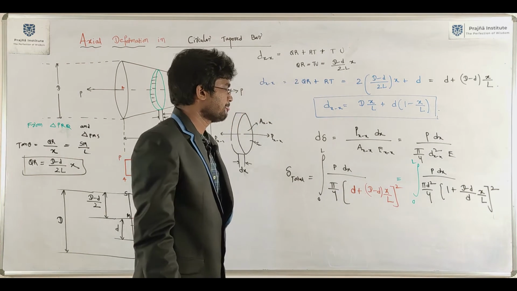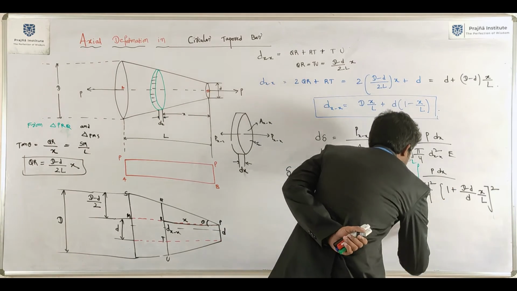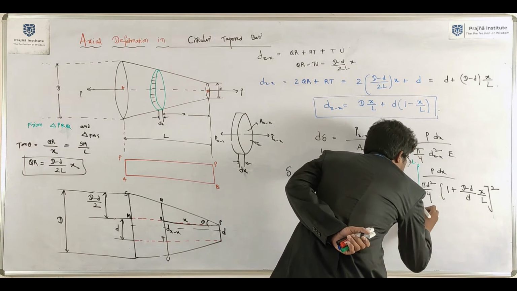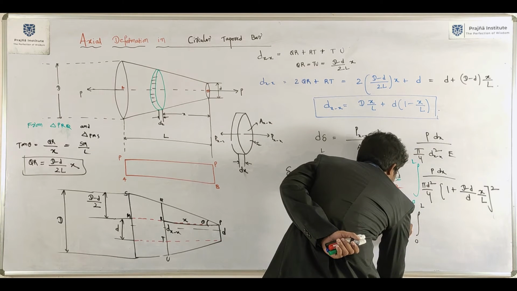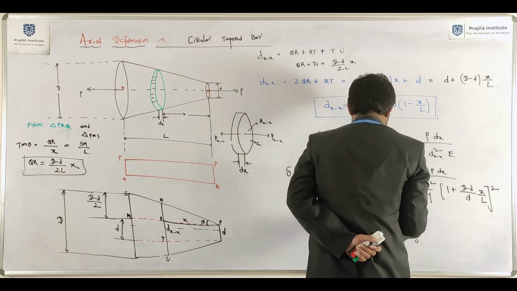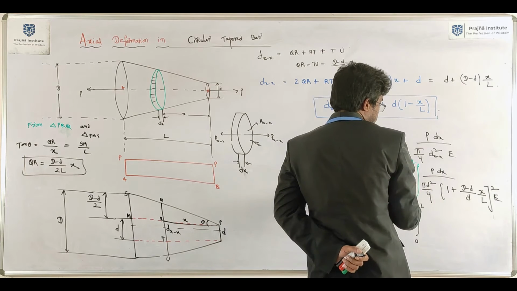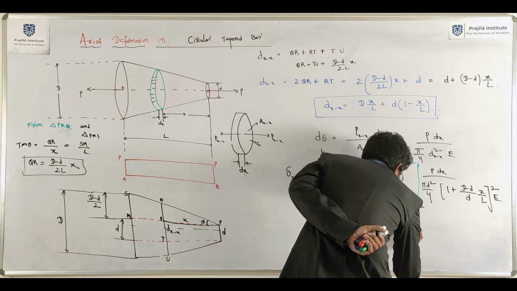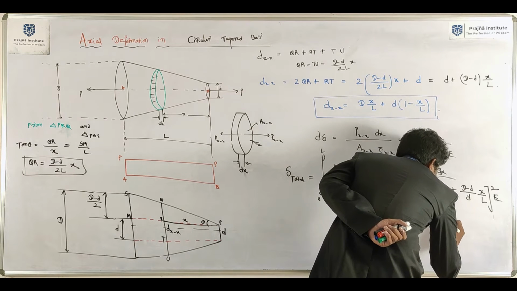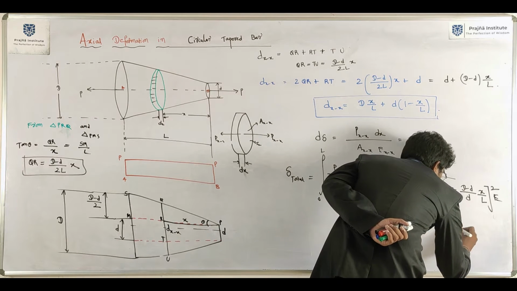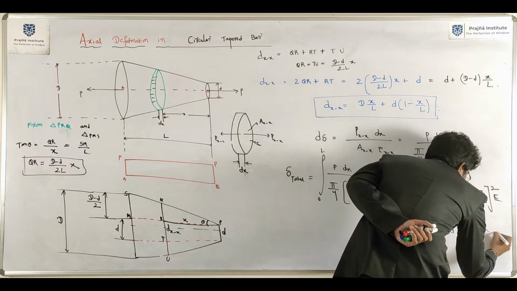Okay, correct? Now the integral from 0 to L; here 4P by pi must come. 4P by pi d square E. Here what will you get, tell me? 1 plus (D minus d) by d into x by L, whole power minus 2, dx.